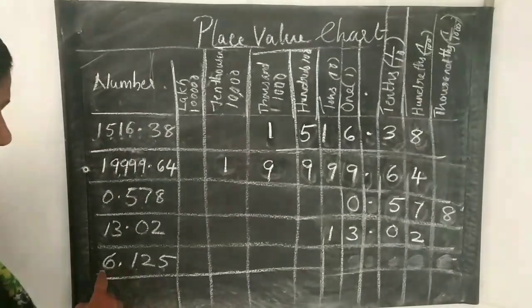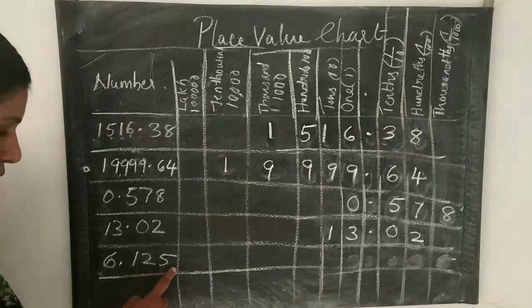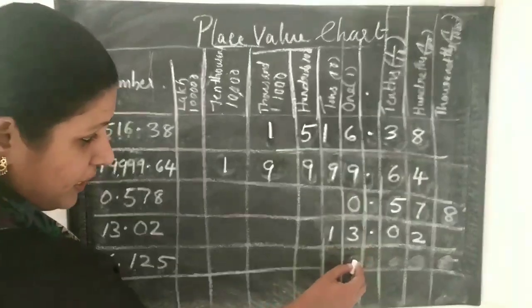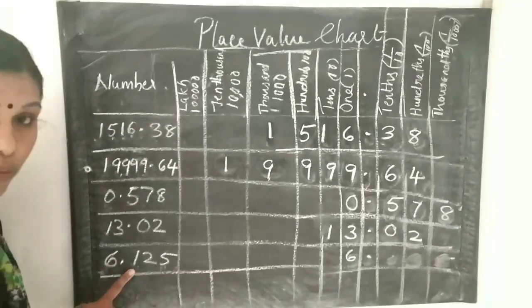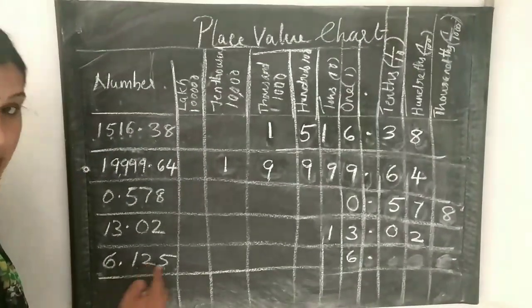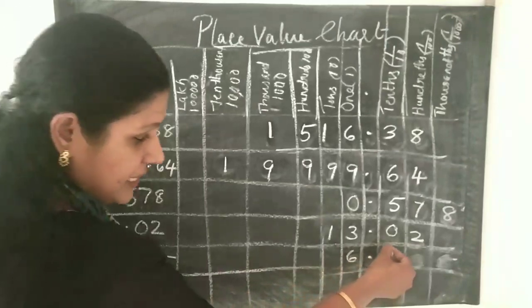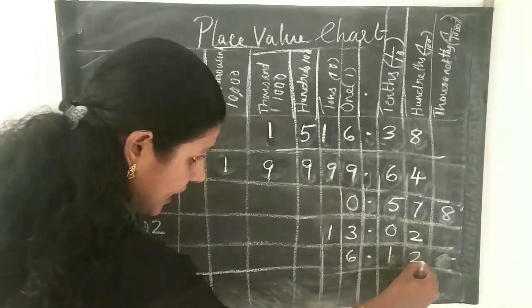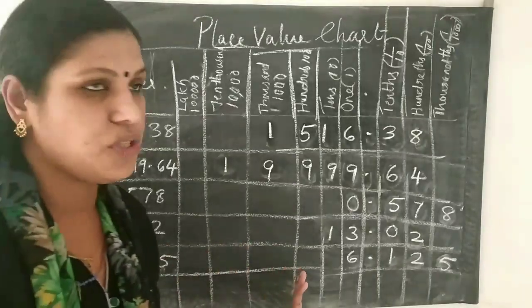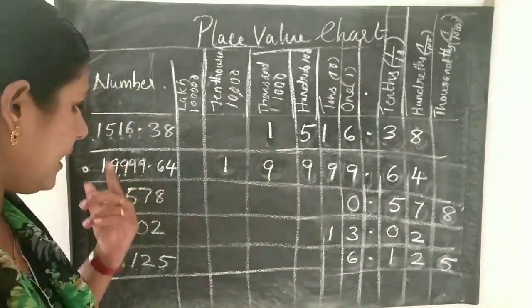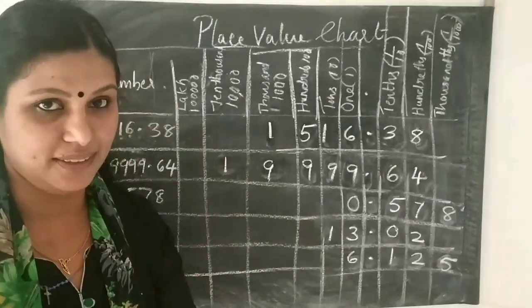Then 6.125. 6 is in the ones place, so here we write 6 point, then tenths, hundredths and thousandths. Now you understood how to write a number on a place value chart.